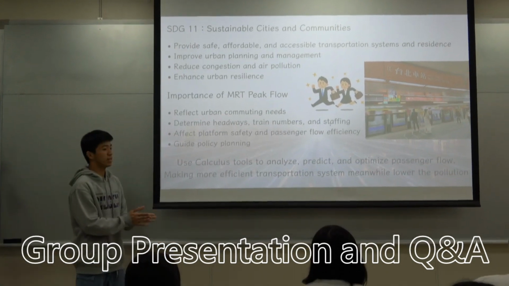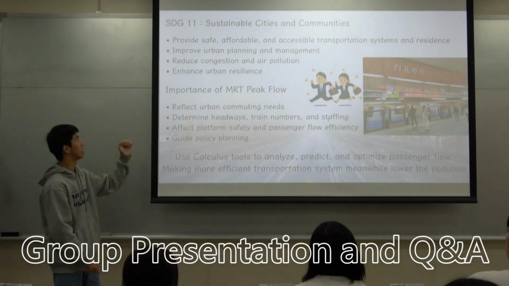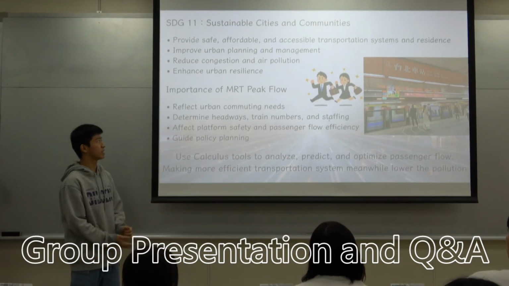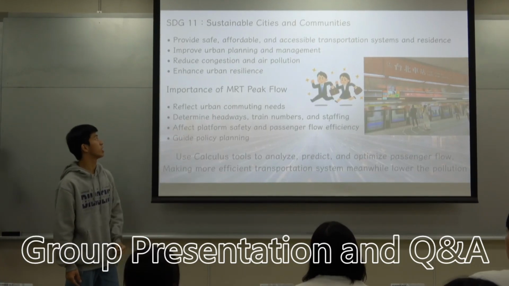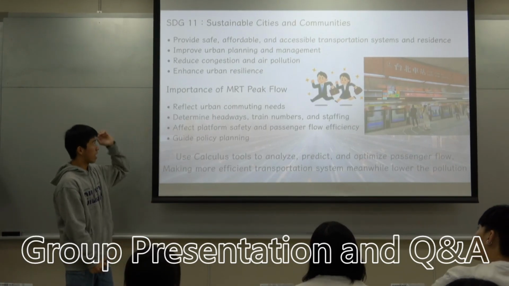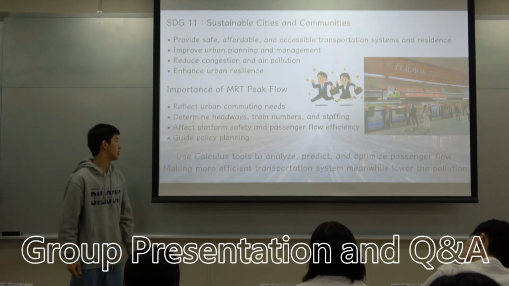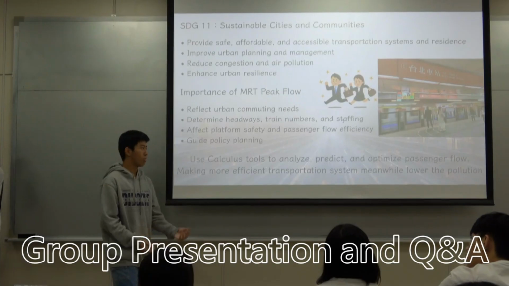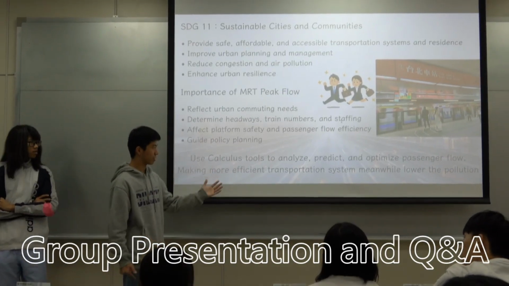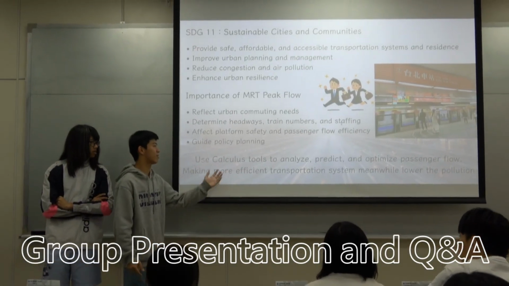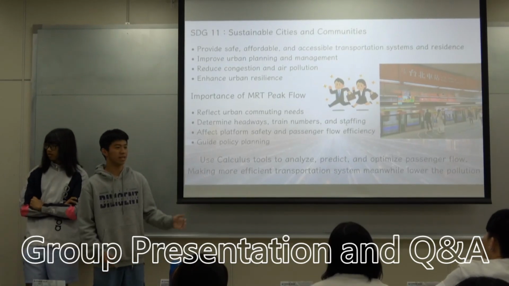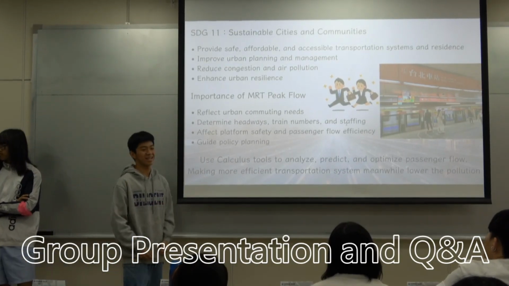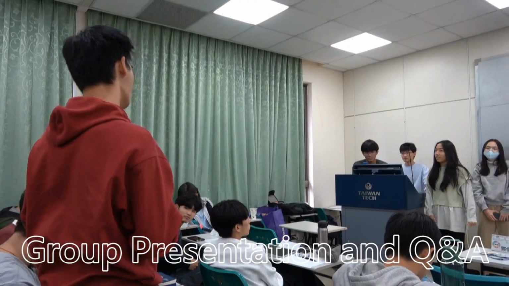What is the aim of SDG 11? It talks about accessible transportation and also aims at reducing congestion. Next we will talk about what calculus concepts we will use to analyze, predict and calculate.